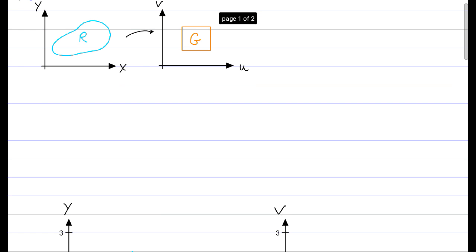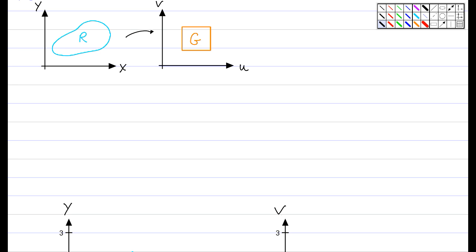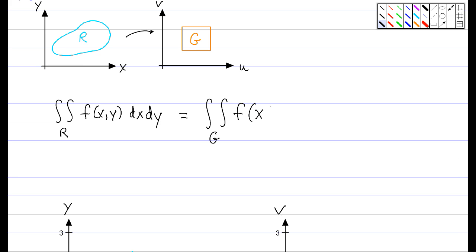Okay, a result we're going to use from more advanced calculus classes than this one is the following. A double integral over the region R of some function of x and y, dx dy, equals a double integral over the region G as long as I replace x with the equivalent x of u and v and y of u and v.